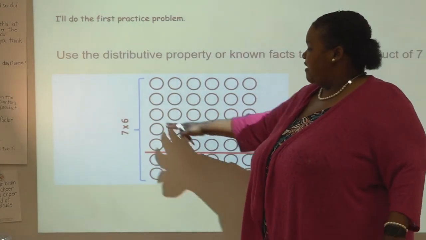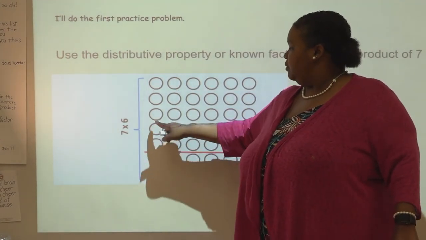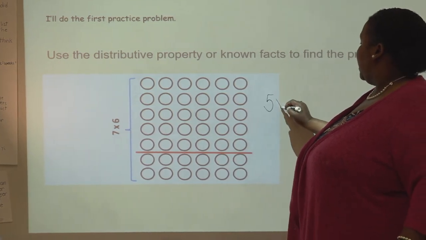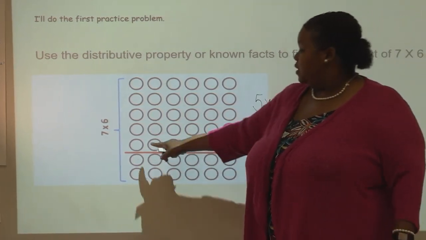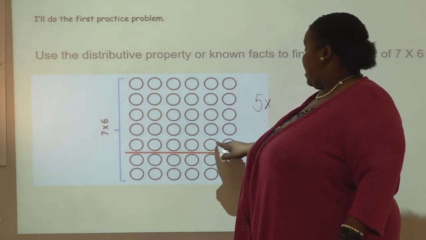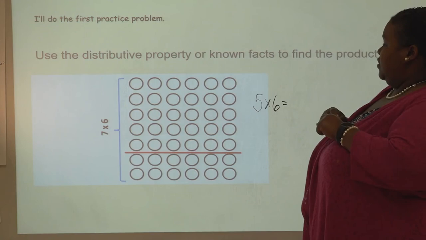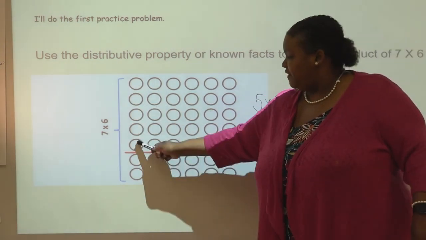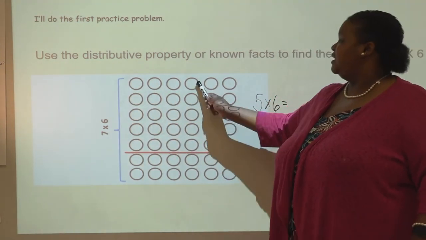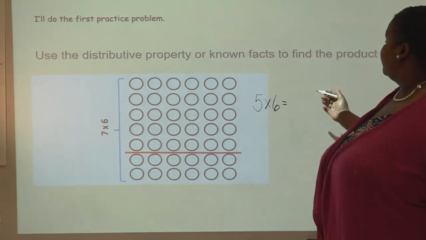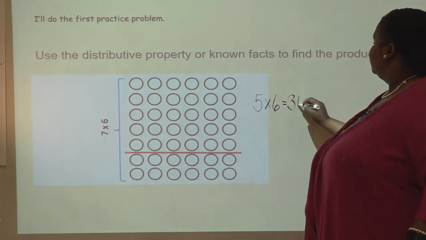So what's in my first chunk? 1, 2, 3, 4, 5. 5 rows. 5 times, how many are in each row? 1, 2, 3, 4, 5, 6. 5 times 6. I'll use my picture to help. 5, 10, 15, 20, 25, 30. 5 times 6 equals 30.